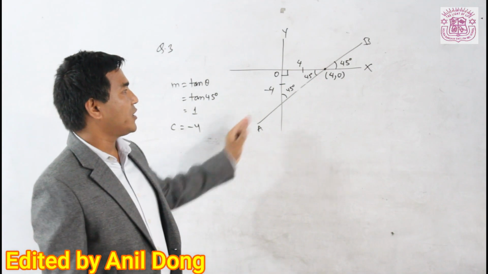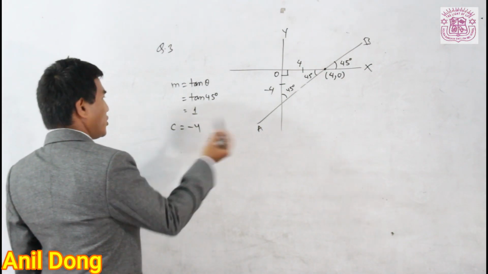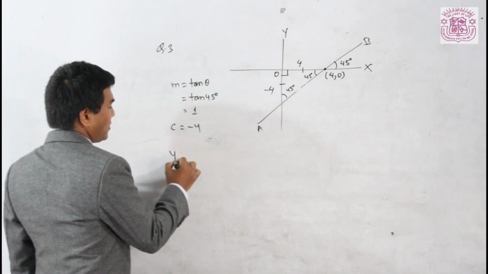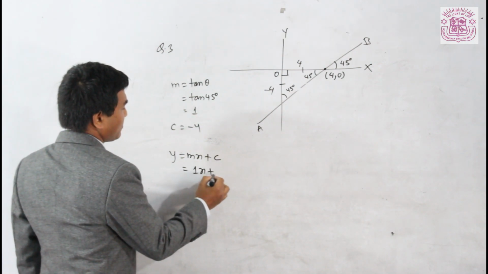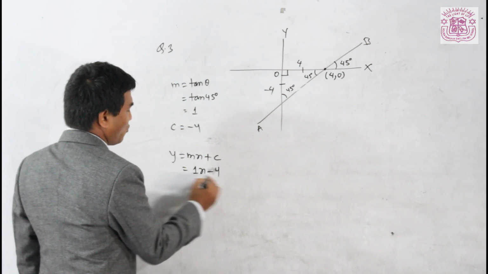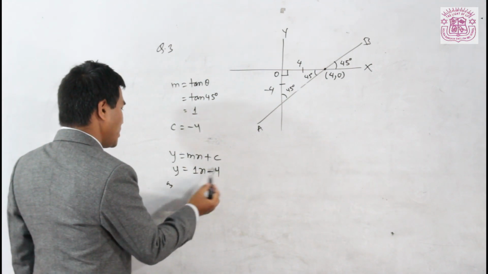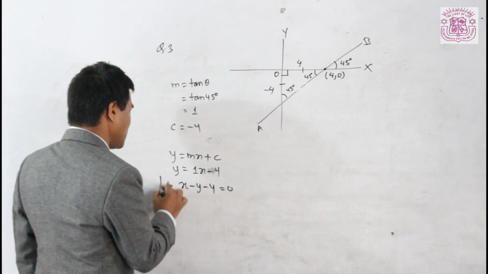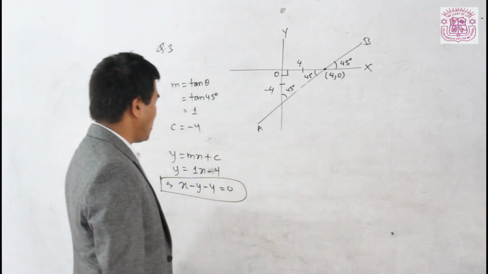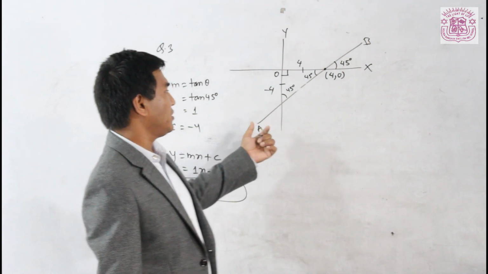Now you can find the equation of this line AB, with the same formula, y equals mx plus c. The value of m is 1, so 1x plus the value of c, minus 4. From here you can write x minus y minus 4 equals 0. So this is the standard form of the equation of the line AB.